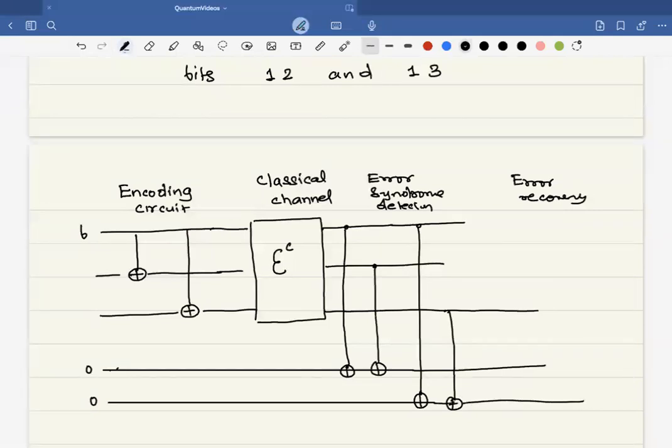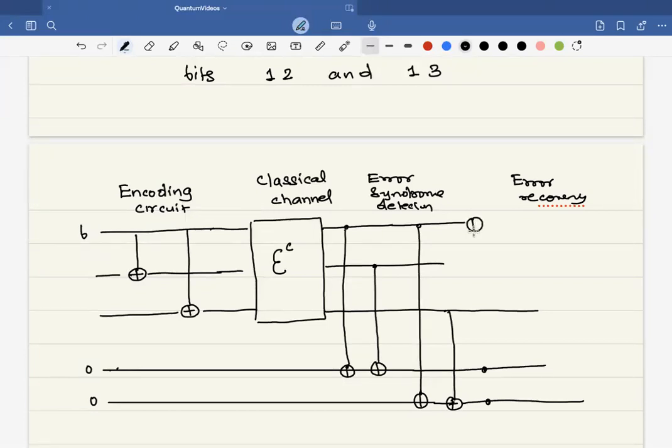So for instance, if the parity of the first and the second bit is different, and the first and the third bit is different, then we know that the error has occurred on the first bit.